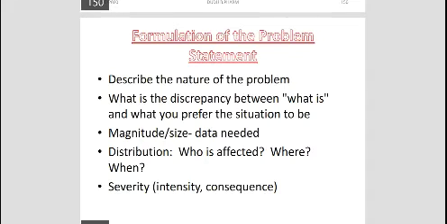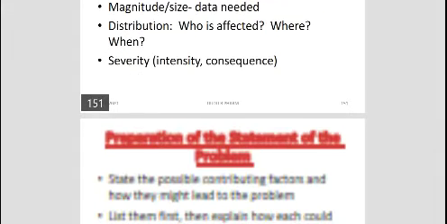So describe the nature of the problem. What is the discrepancy between what is and what you prefer the situation to be? Magnitude, size of data needed. And when it comes to distribution, it's who is affected, where and when. Severity, intensity of the consequences.